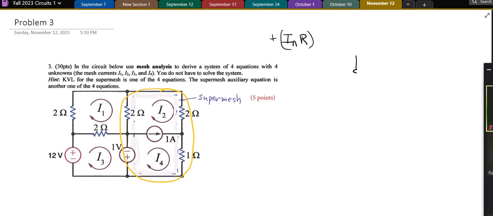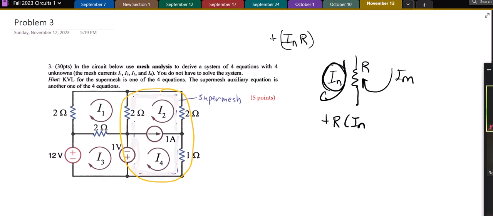But if you're on a shared branch, say I'm on IN on this side and IM on this side, and this is resistor R, then the voltage drop is R times (IN minus IM), because the actual current flowing through that resistor is a combination of both currents.